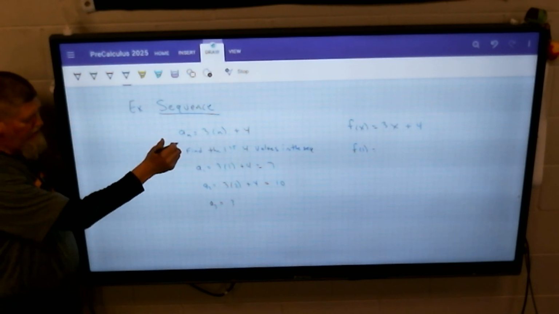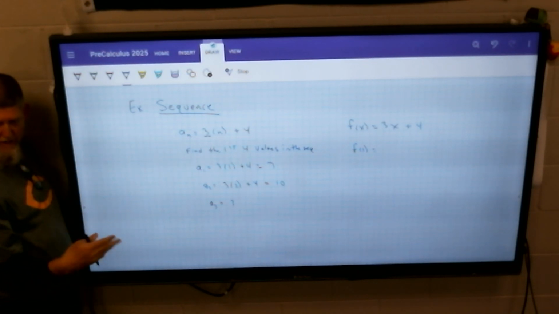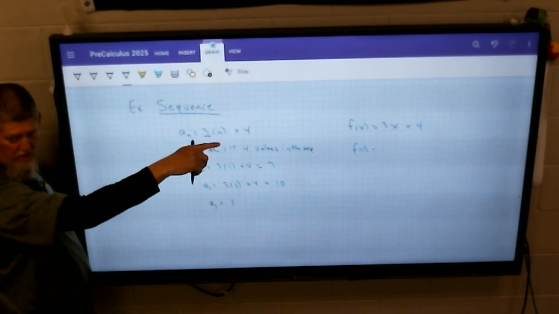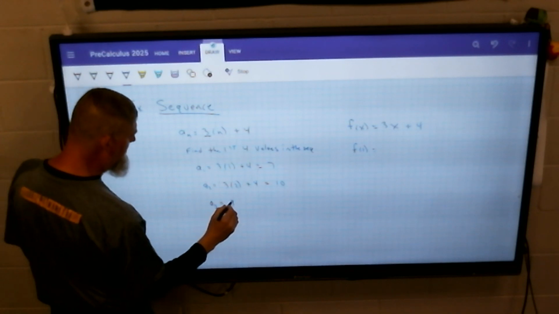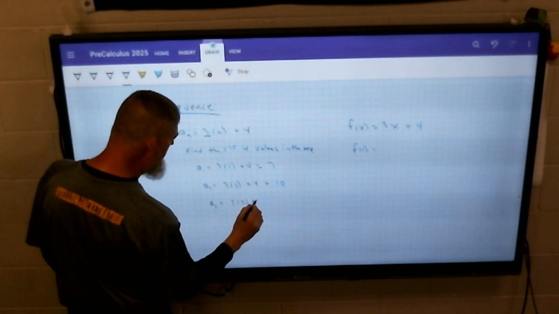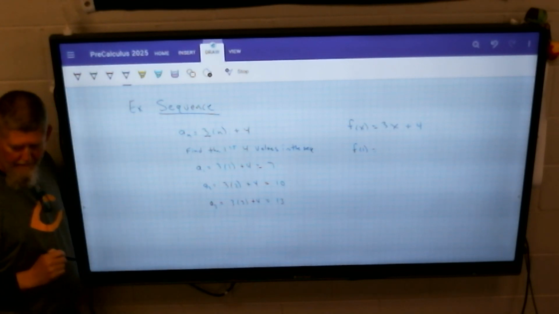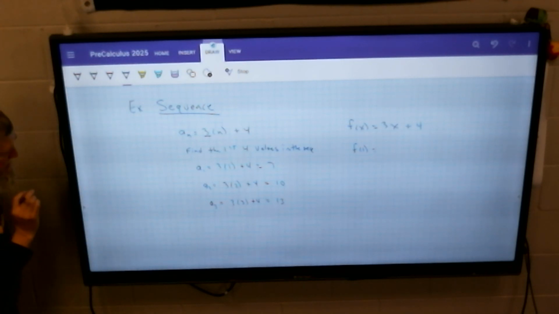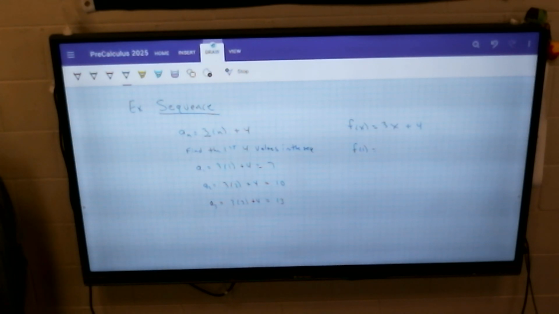Up there. Yeah, you see the slope is my rate of change. It's just changing by a value of 3. So we have a connection to functions and slope inside the sequences. So 3 times 3 plus 4 equals 13. And we can continue in that pattern. So there's a good connection between sequences and functions, but I want you to see the difference.